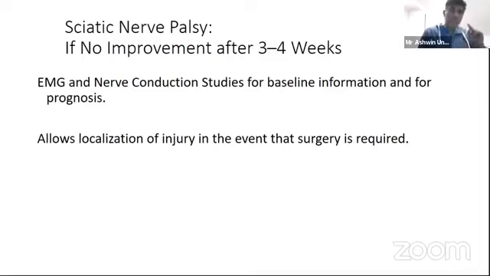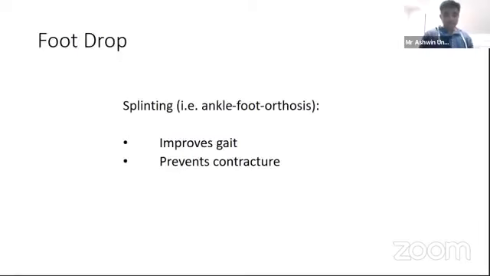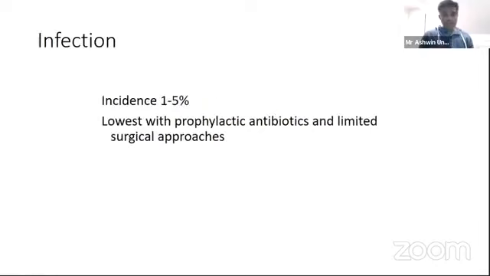As I previously suggested, it is important to clearly document the neurovascular status, in terms of sensory and motor function of the sciatic nerve, pre and post reduction, to appreciate what intervention is required. If you have a foot drop, once it is reduced you can splint it and improve the gait, which will prevent contractures.